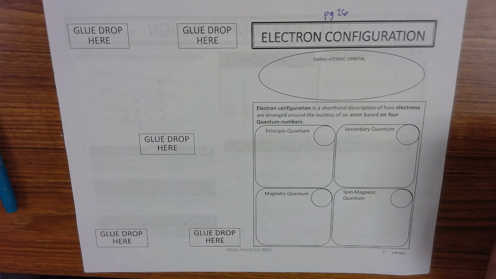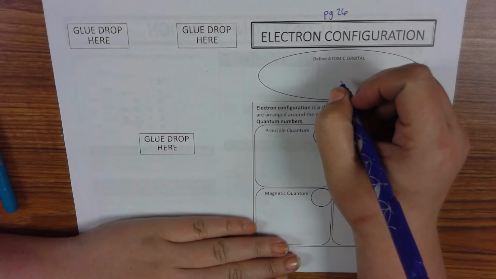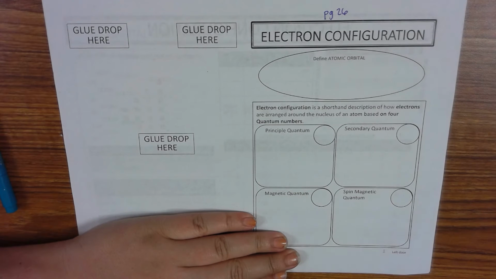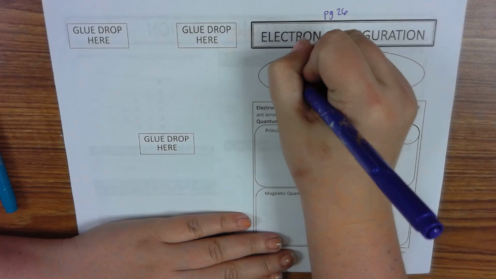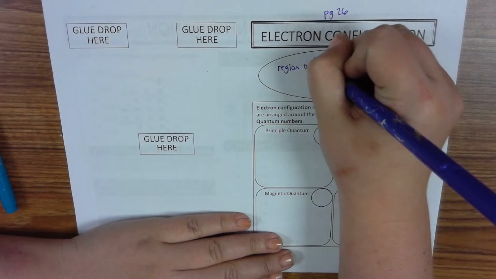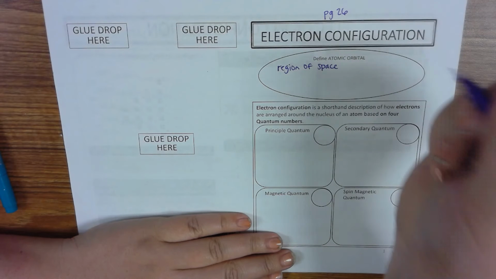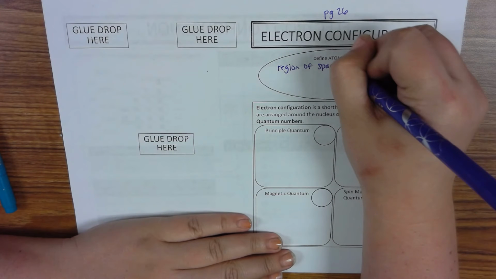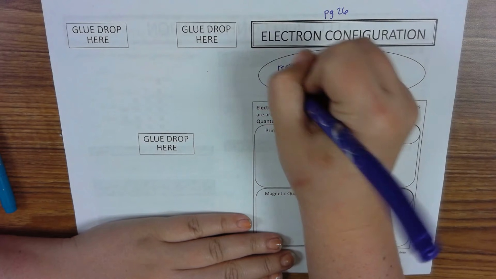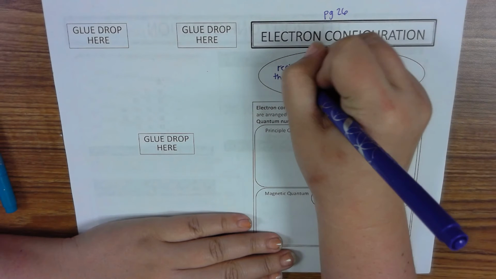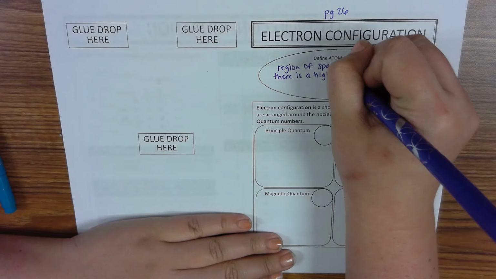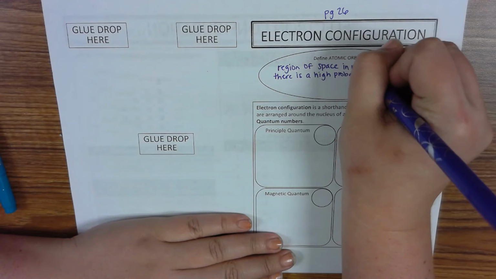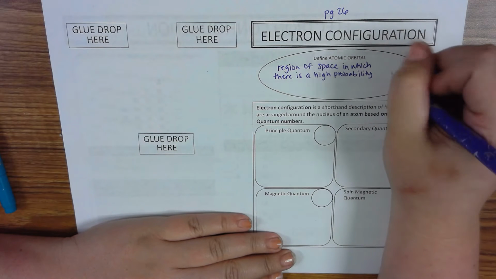Okay, so this is on page 26. The first thing we have is it's asking us to define an atomic orbital. An atomic orbital is simply a region of space in which there is a high probability of finding the electron.